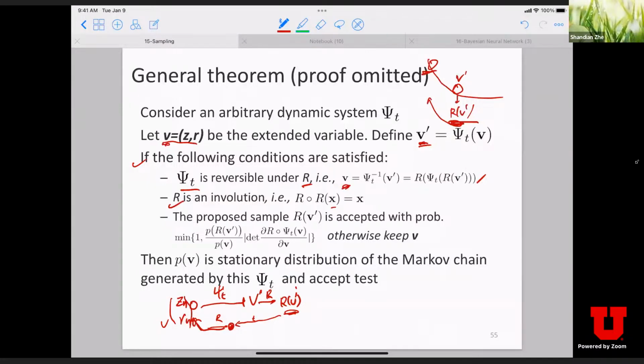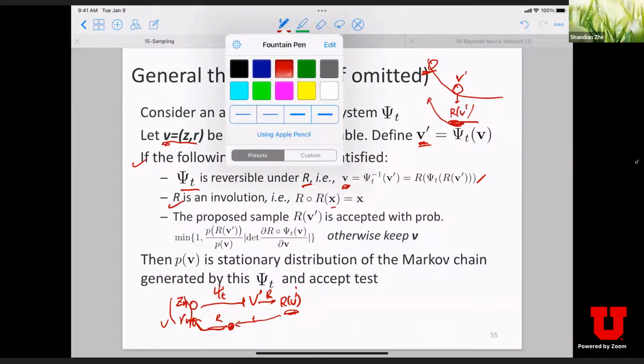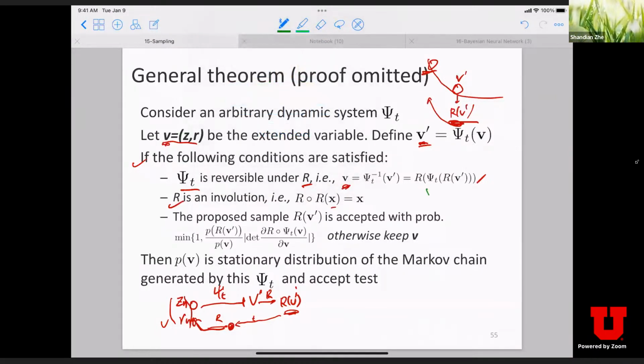If we use the Hamiltonian system as the example, you have your ball, with a position here and a velocity here. After a certain amount of time t, this is where your position is, and this is the direction of the velocity.